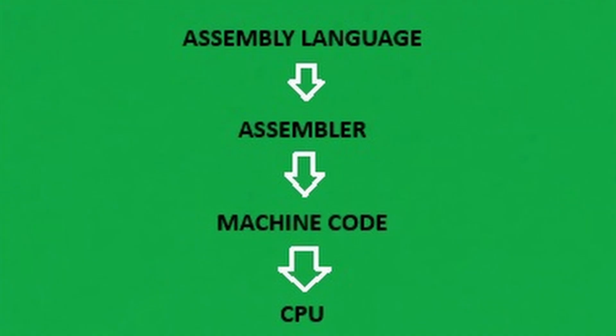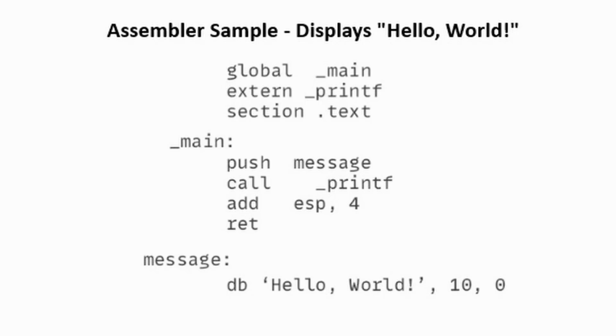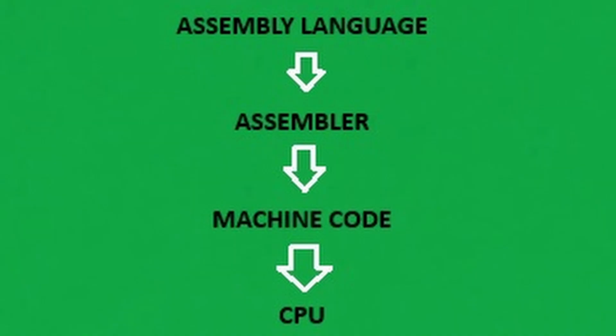Assembly language. Assembly language made things easier. Instead of dealing directly with numerical operation codes, programmers could use symbolic instructions for operations such as load, add, store. An assembler translated those instructions into the machine code the processor could execute.